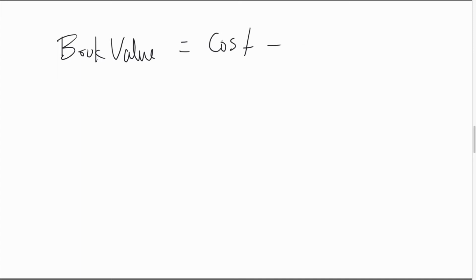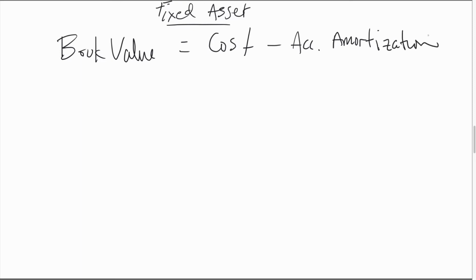So for a fixed asset, a book value would be always the cost minus any accumulated amortization to date. All of it, not just this year's, but all amortization for this asset. When you take that away from the original cost, that leaves you with the book value.